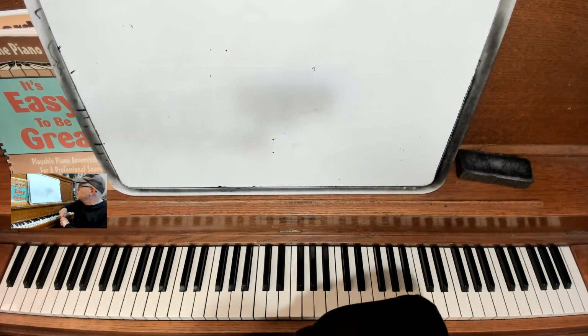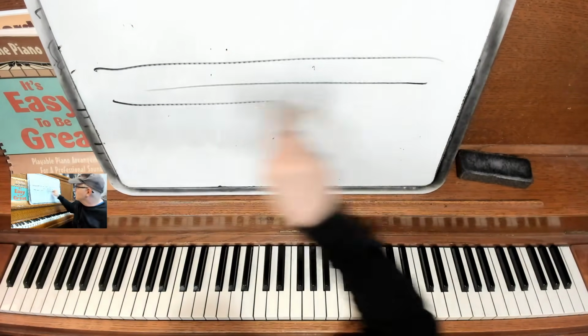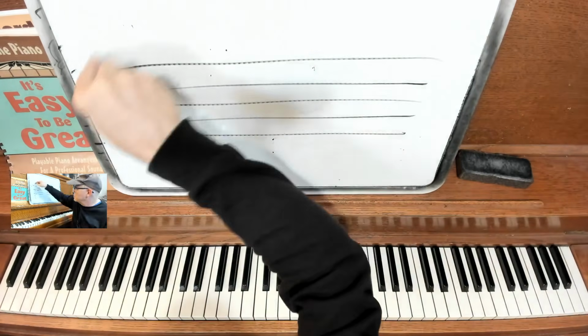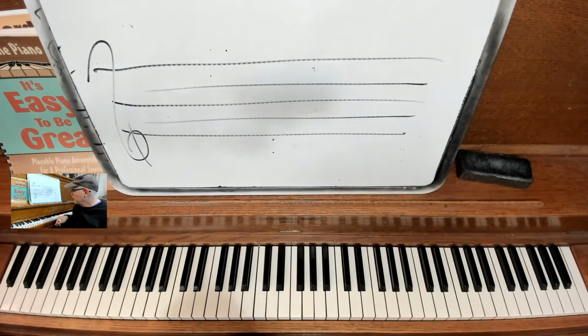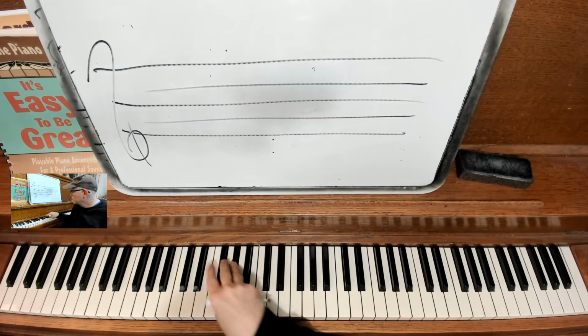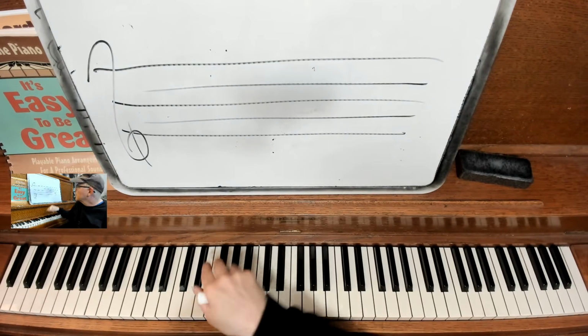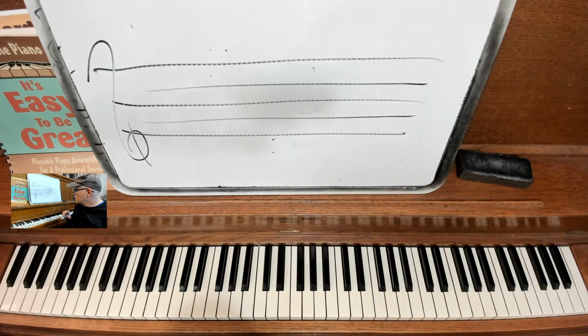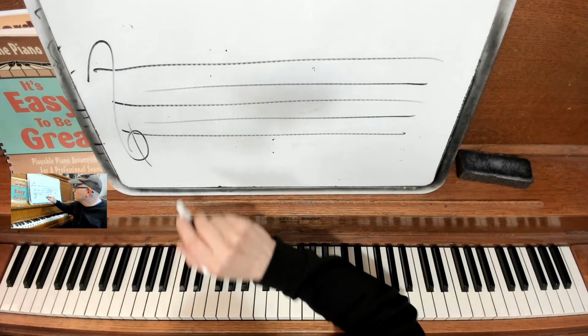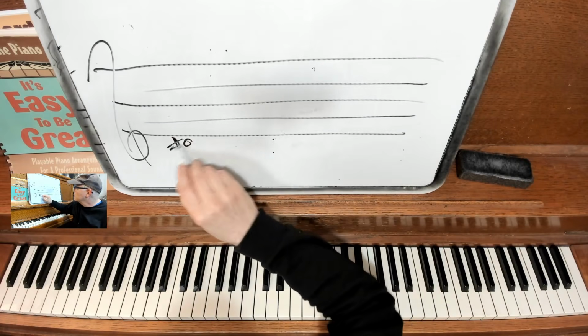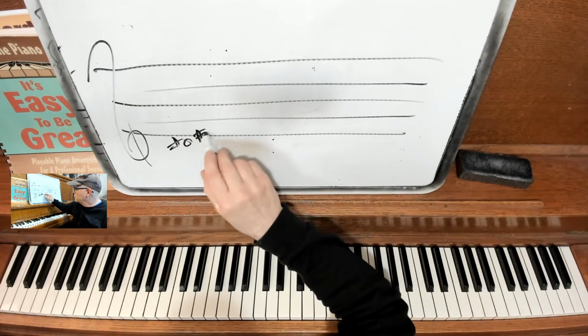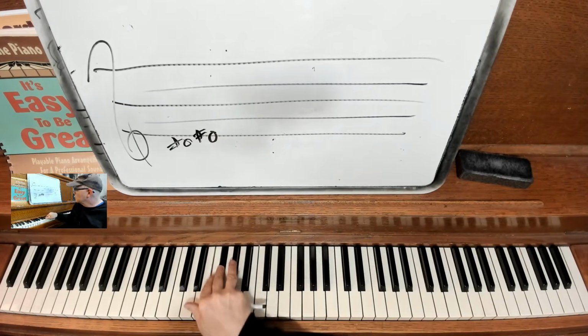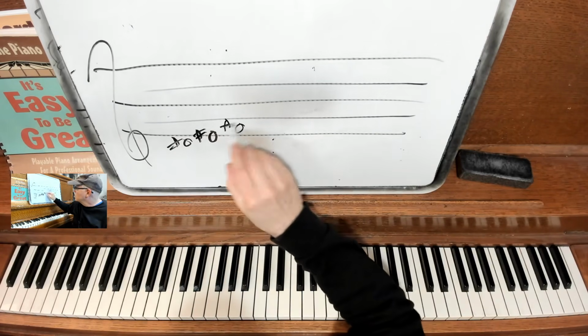And just as a reminder, you know, they're part of the same scale, right? So you have this. I'll spell it this way: D sharp, E sharp, F sharp, G sharp.